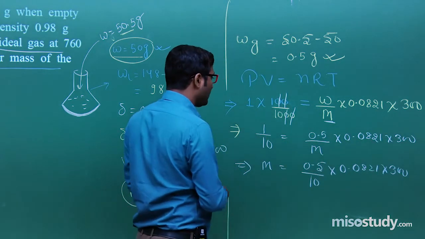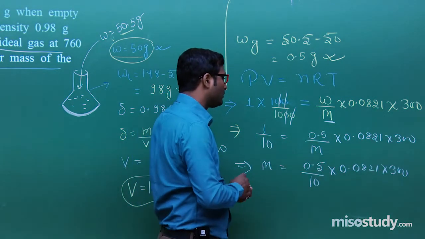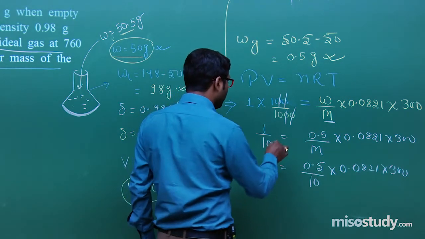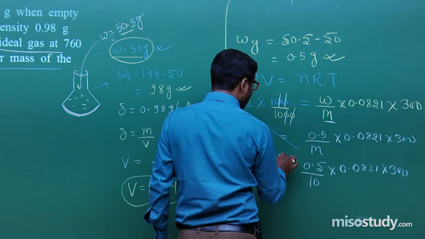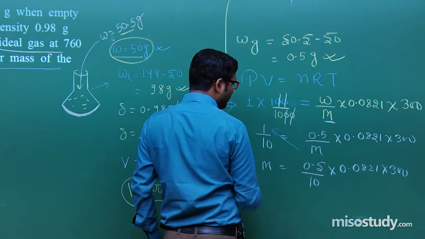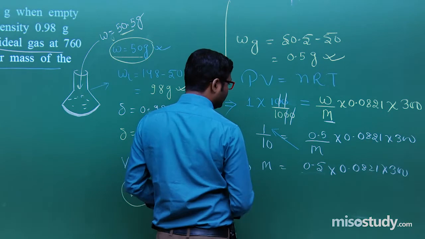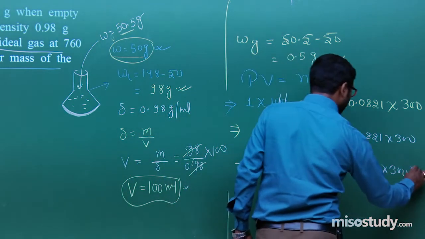If you solve this expression, then you can easily solve the question. If you have any doubt, cross multiplication, what will happen? This will move here and this will move here. So not here 10, put multiply by 10. Clear to you? Multiply by 10.